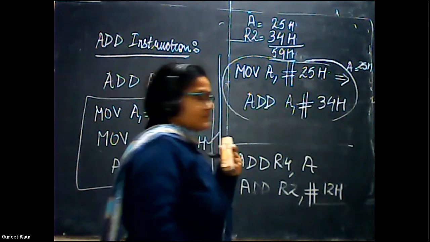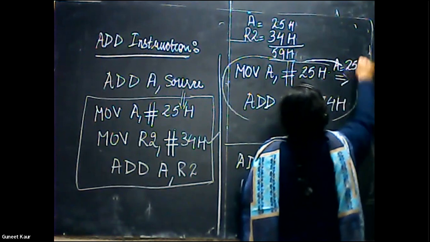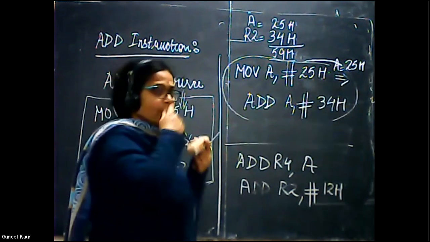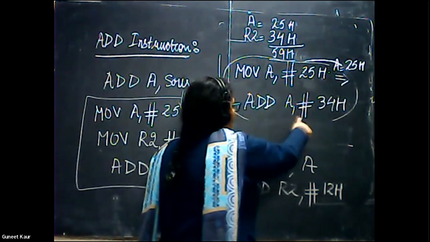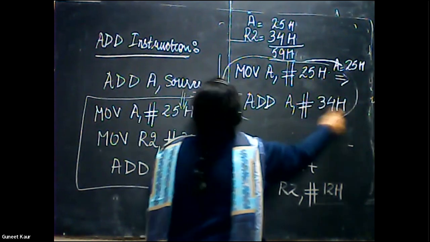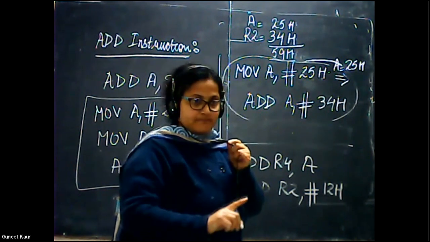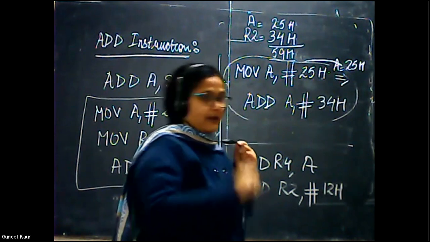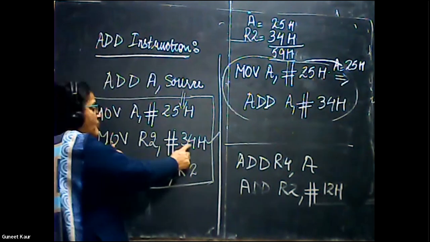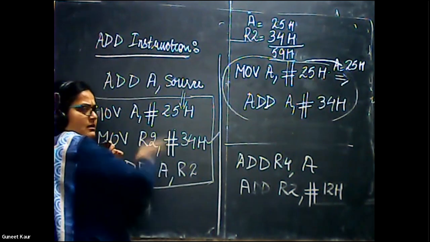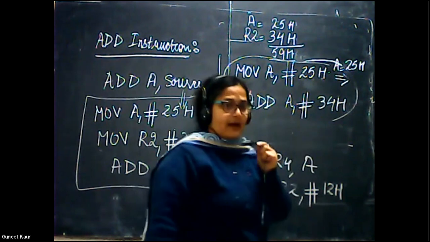Now, what will the next instruction do? ADD A comma #34h will add the content of the accumulator and 34h directly, without moving it into any other register. In the previous case, I moved 34h into the R2 register, but there is no need. The source can be direct data.